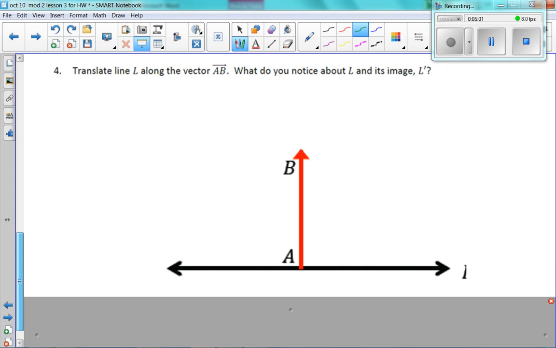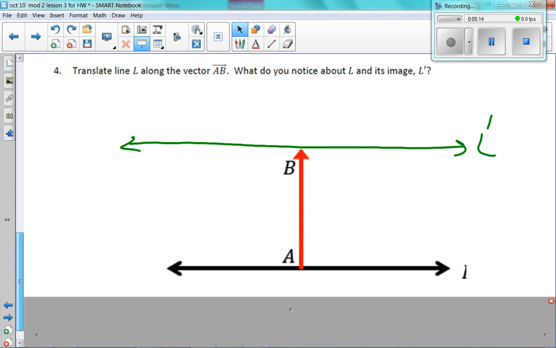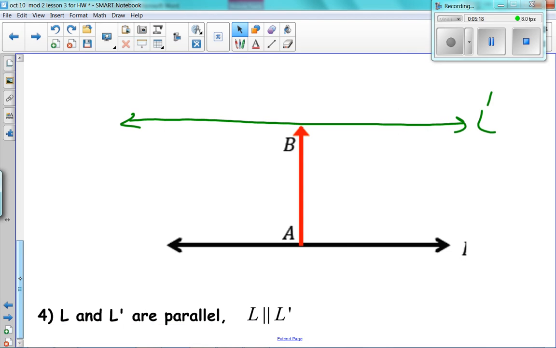So we would follow this up and create a line up here at the end of vector AB, and this is L prime. So what we should notice is that L and L prime are parallel. So L is parallel to L prime.